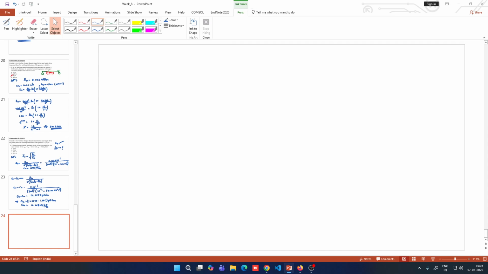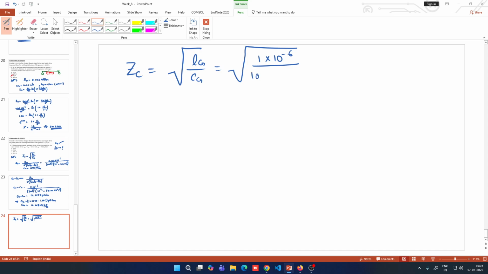We know LG is 1 microhenry per meter, so 1 into 10 to the power minus 6, and CG comes out to be 10.0829 into 10 to the power minus 12 because it was picofarad.